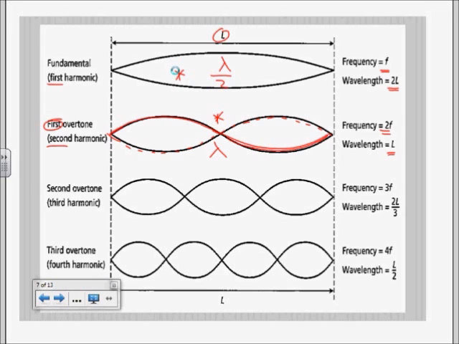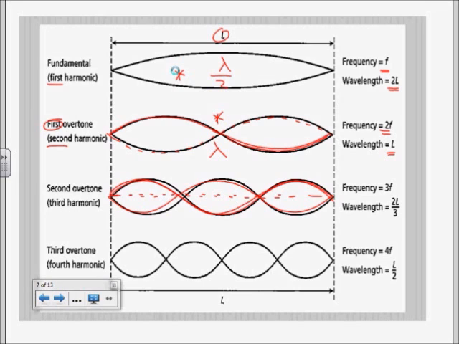The next possible mode of oscillation is this one here. At one point in time, it looks like that. After a quarter of a cycle, it'll be down to there. After half a cycle, it'll be up to there. After 3/4 of a cycle, it'll be back to the middle again. And then after a complete cycle, back to the original position. That's the sequence it's going through.